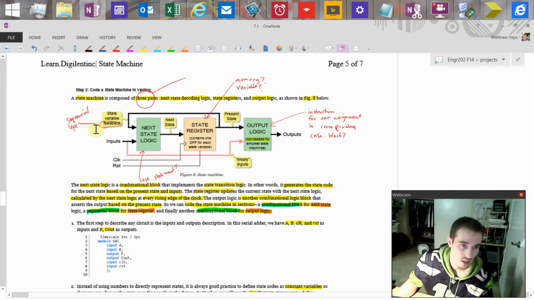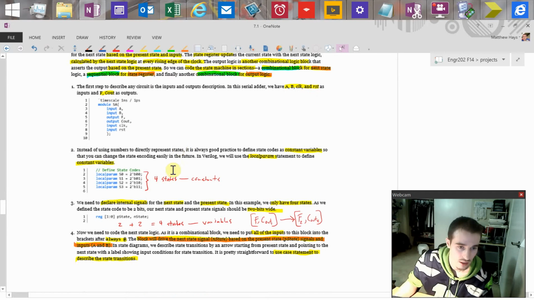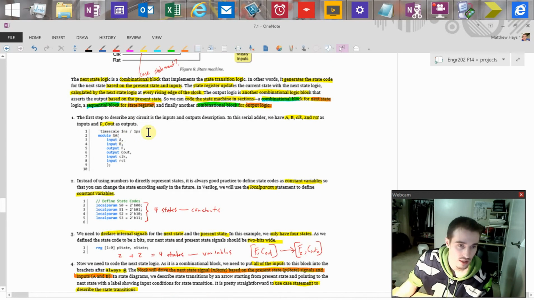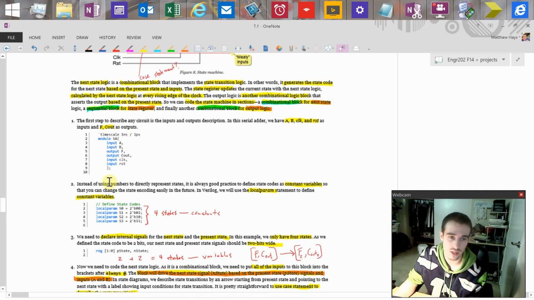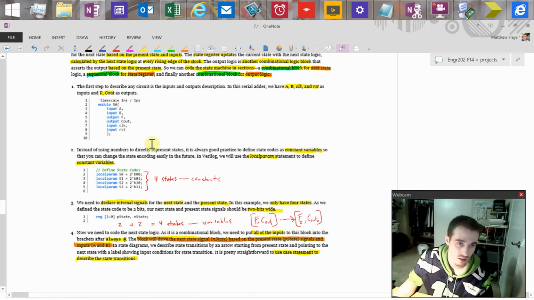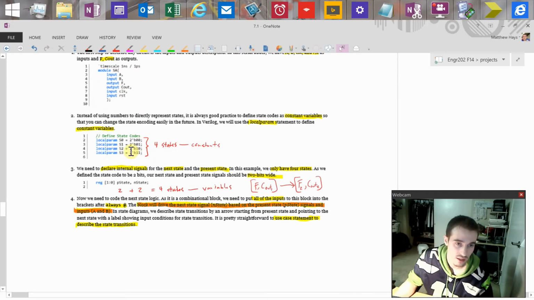And I wrote some other notes here about there being sequential logic, because you've got the feedback loop. And then it walks you through the actual code. So here's the module for the serial adder, and then here's the different states. They're stored as constant variables.